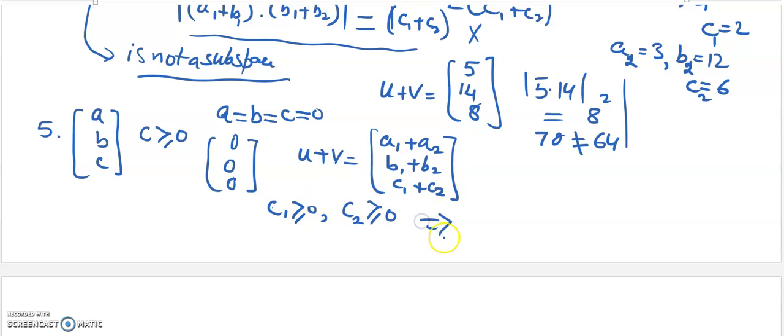So this condition is also satisfied. It means that this is closed under the addition rule. So the first condition is satisfied, and the second condition is satisfied.